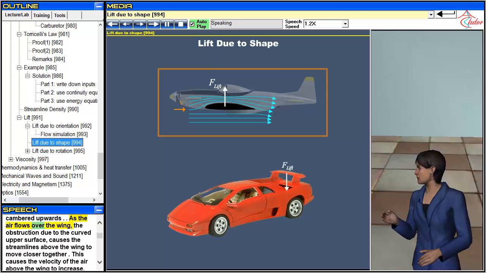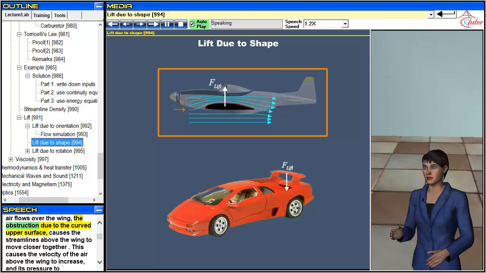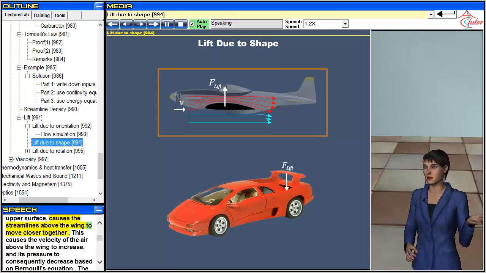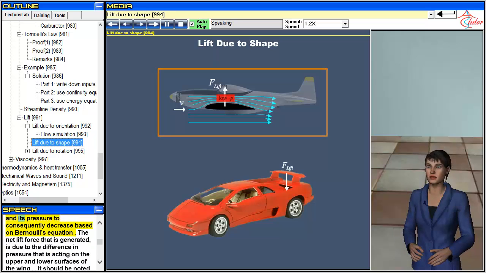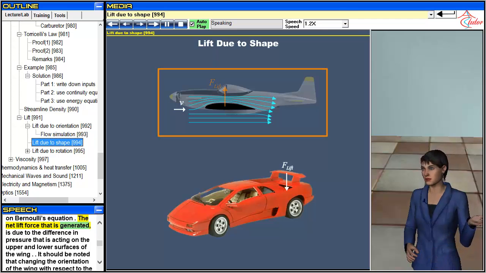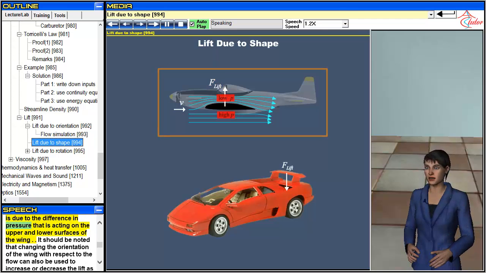As the air flows over the wing, the obstruction due to the curved upper surface causes the streamlines above the wing to move closer together. This causes the velocity of the air above the wing to increase, and its pressure to consequently decrease based on Bernoulli's equation. The net lift force that is generated is due to the difference in pressure that is acting on the upper and lower surfaces of the wing.